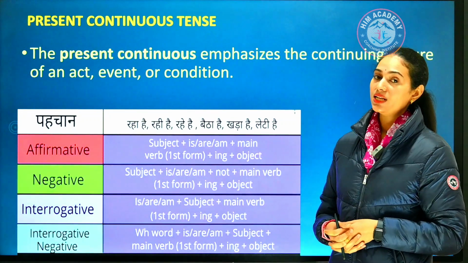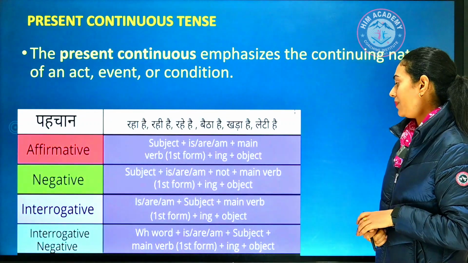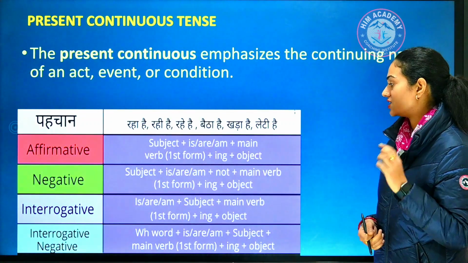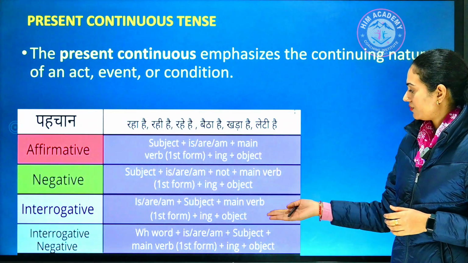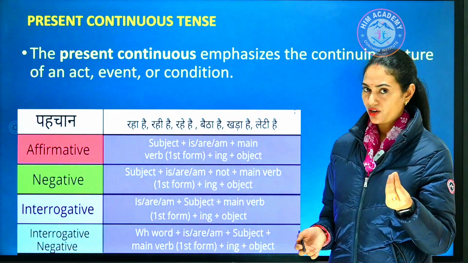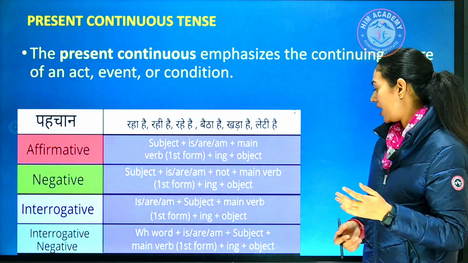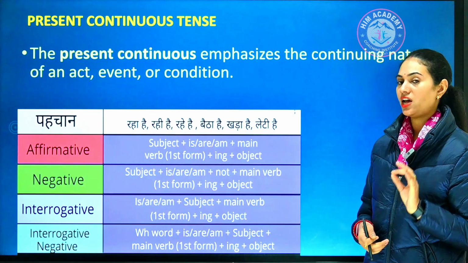Interrogative is is/am/are plus subject plus main verb plus ing plus object, and in the last, interrogative negative, the WH words or interrogative words you have are is/am/are plus subject plus main verb, first form of verb, ing and object.